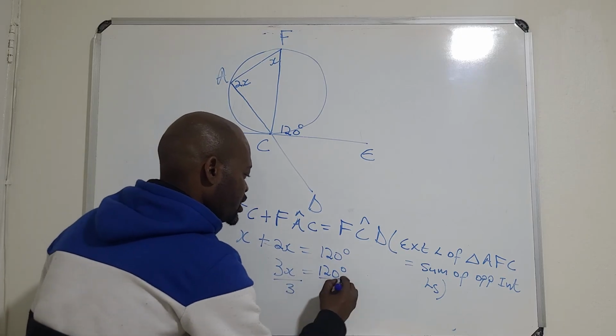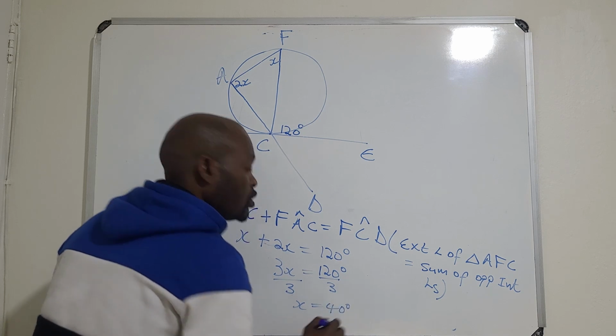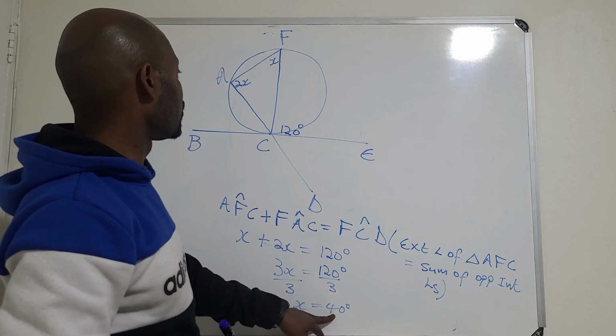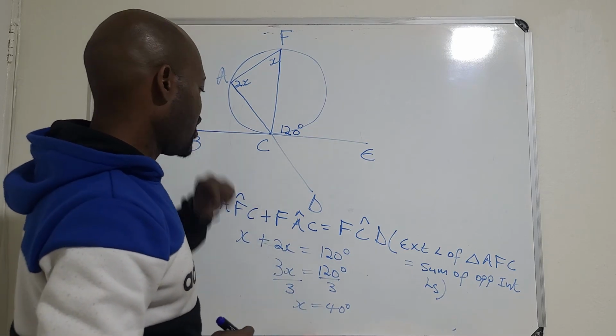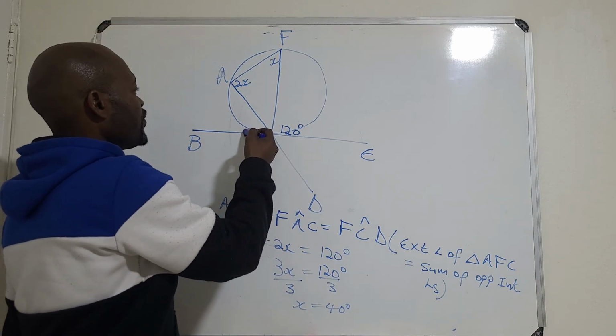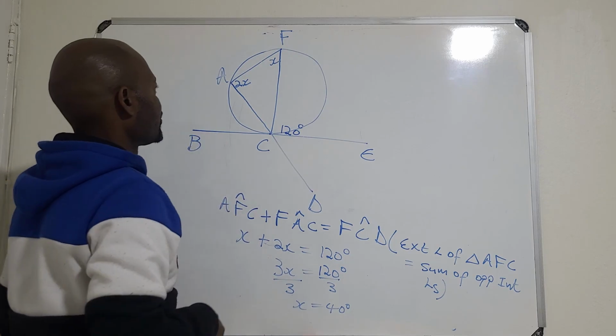Divide by 3, x is equal to 40 degrees. Now we do have x equal to 40 degrees. We found x. Now we need to find this angle there, which is angle ACB.